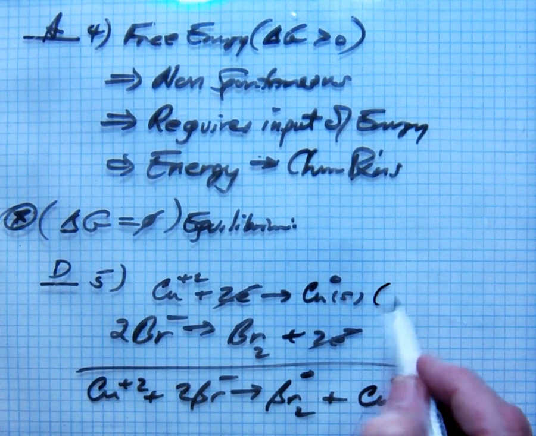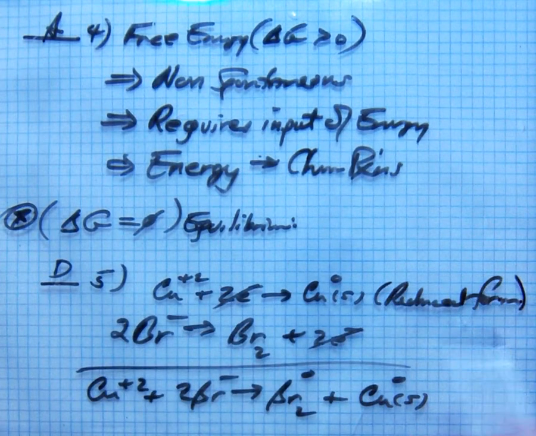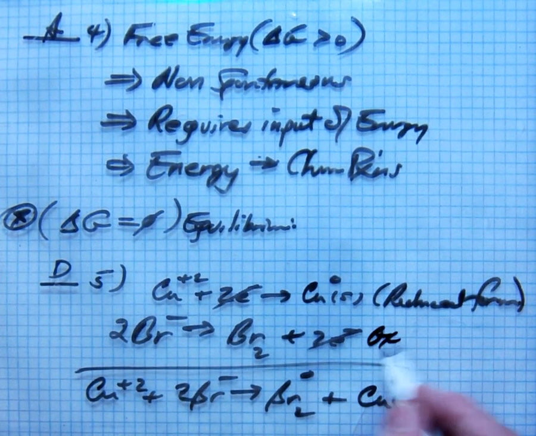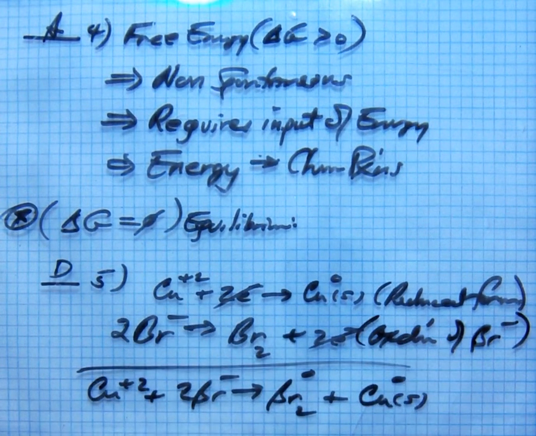So this is the reduced form of copper, and this is the oxidation of bromide in the order given. So these two are the dominant reactions in an aqueous electrolysis.